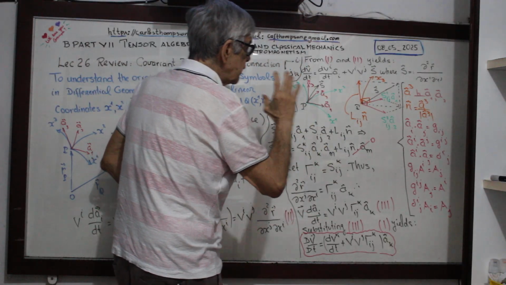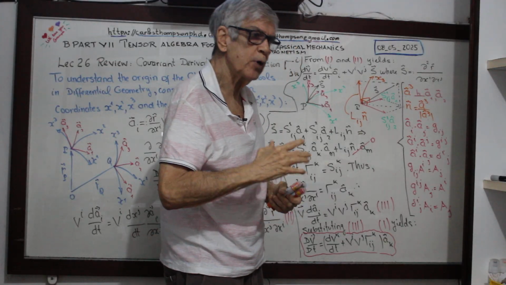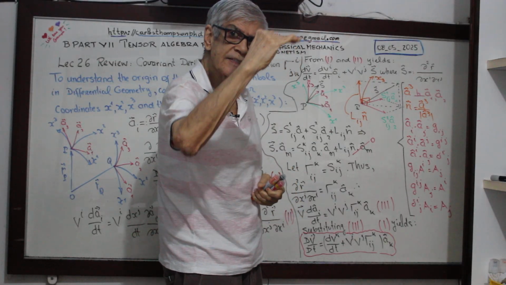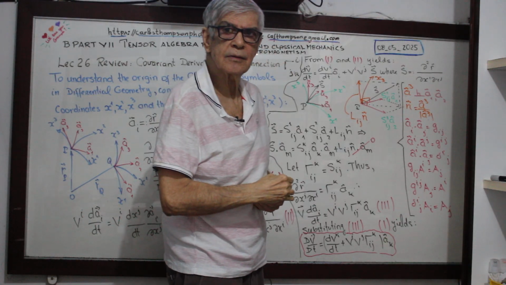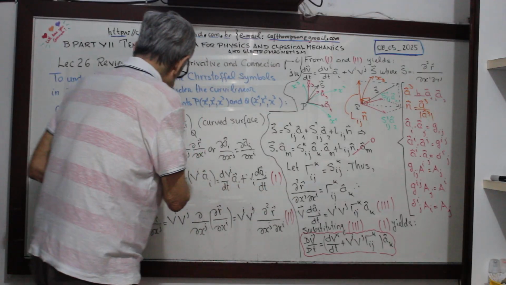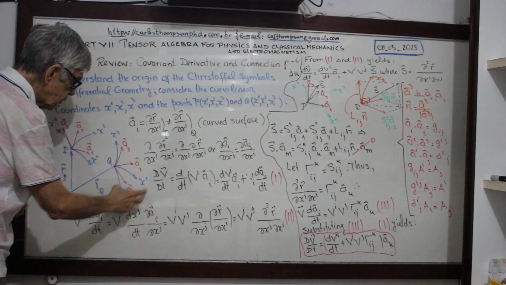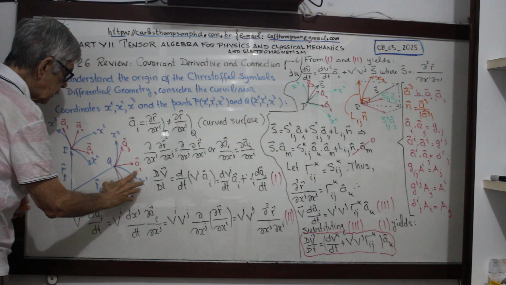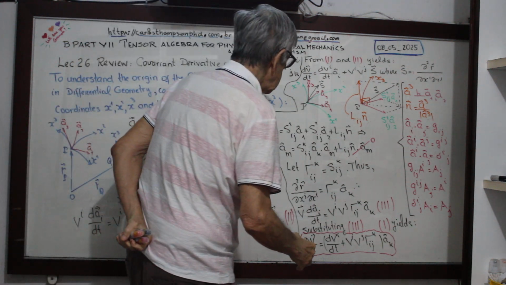This belongs to the curvilinear coordinates at point P, x_1, x_2, and x_3. It's different from this one, where the indices 1, 2, and 3 are upper, and this is lower.